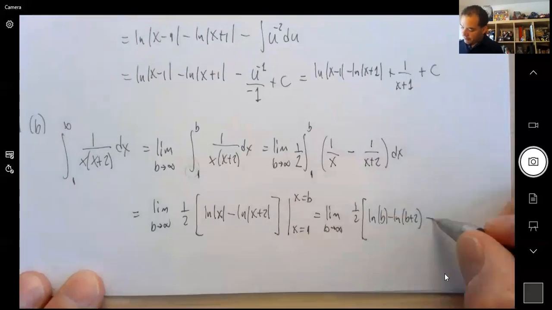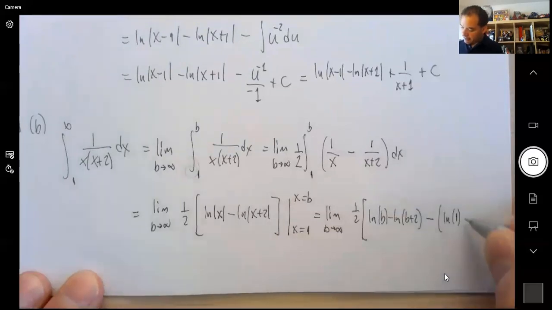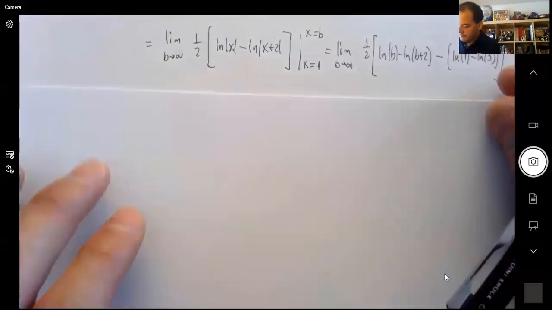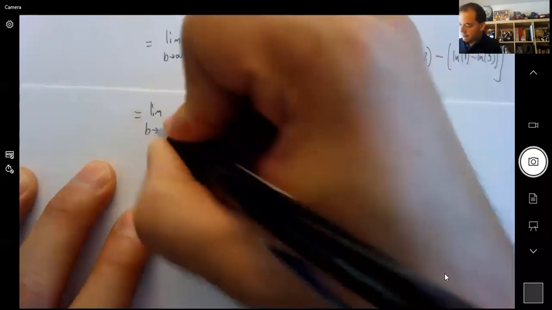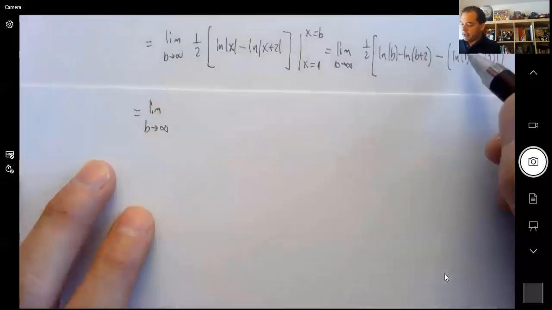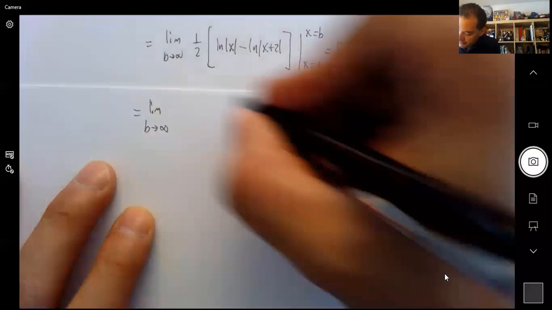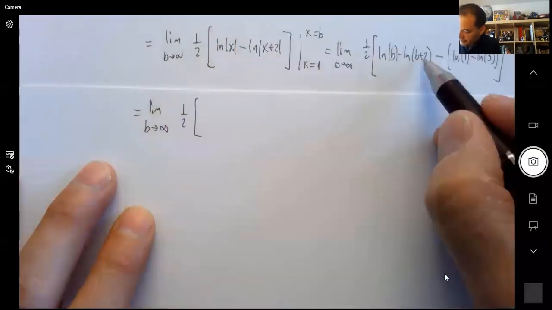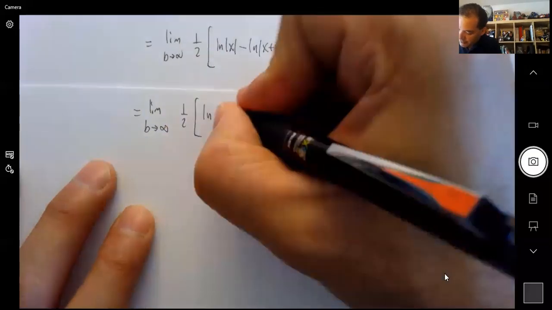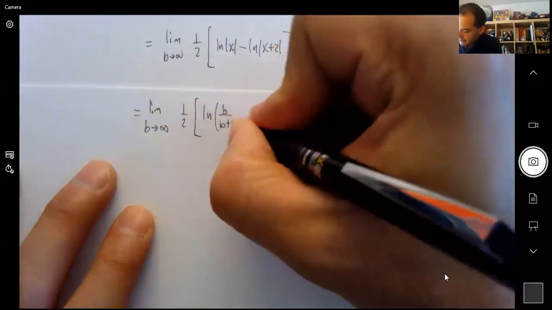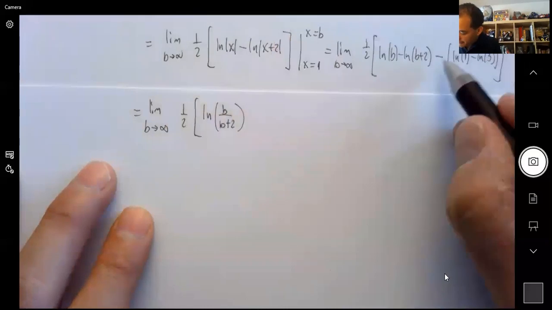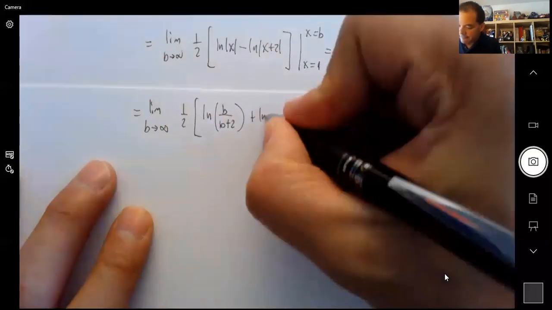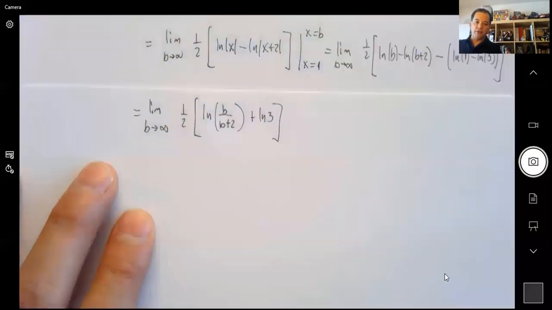Minus ln of 1 minus ln of 3. Okay, let's simplify that. Ln of 1 is 0, for example. And here we can combine these two, ln of this minus ln of that, as ln of our fraction, b over b plus 2. And then minus times minus is plus ln 3. Right? That way we can do it.